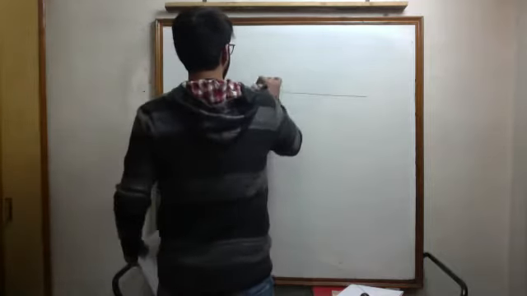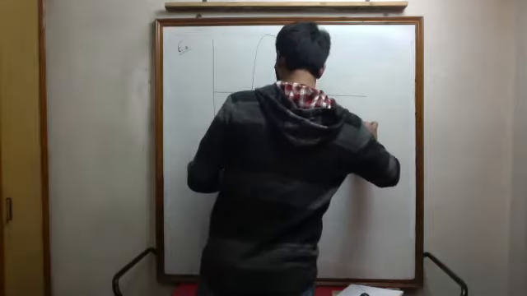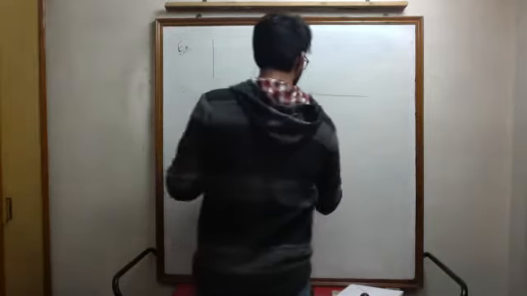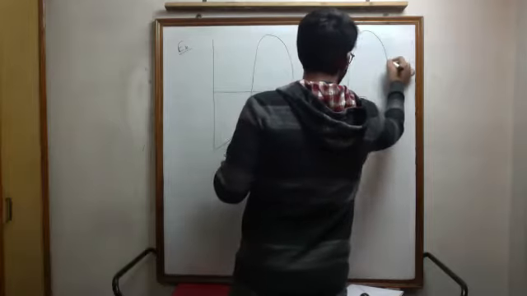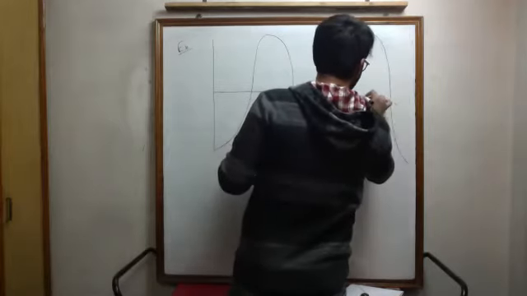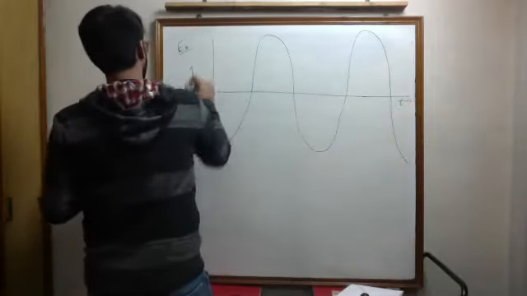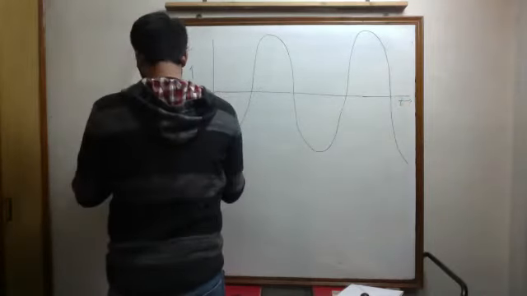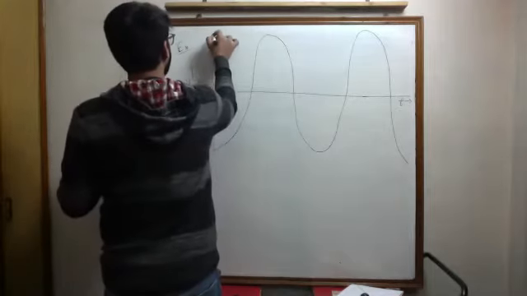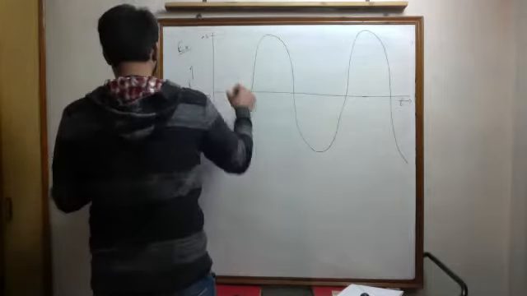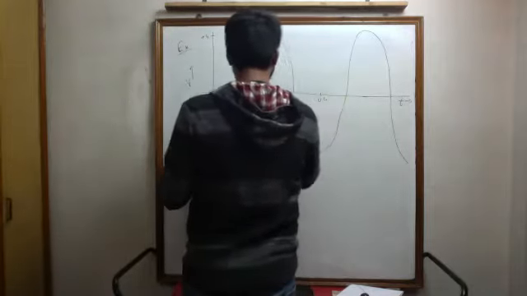So let me just quickly make this. This is my time, this is velocity, starts at 0, this is somewhere -2, this is -4, this is +4, this is 0.2, this is 0.4.